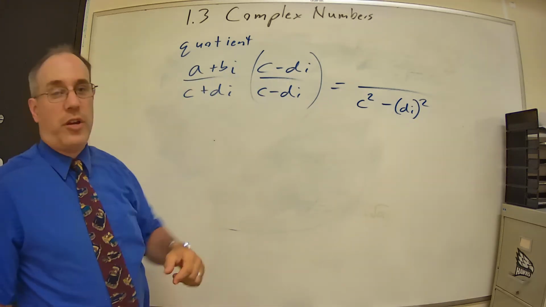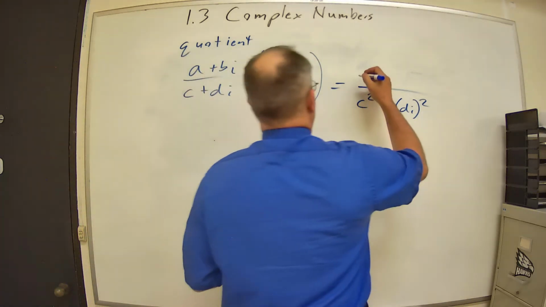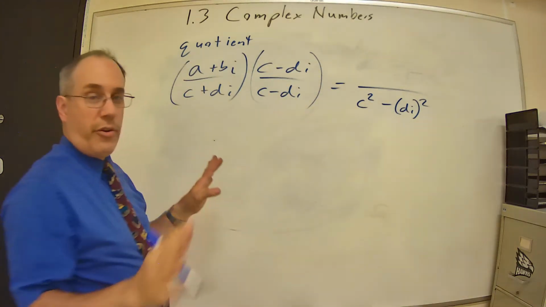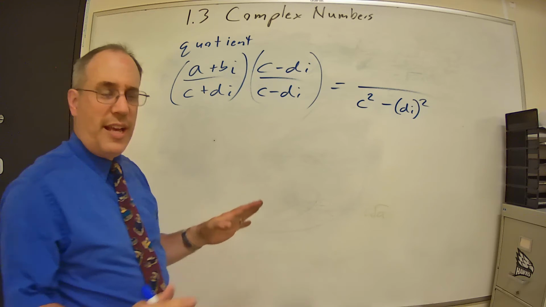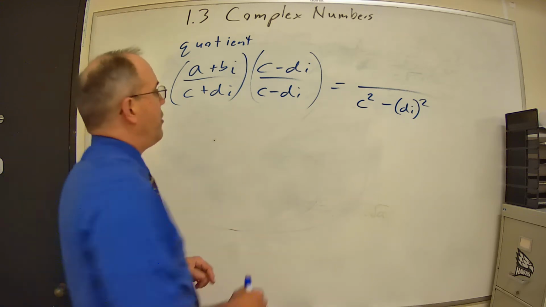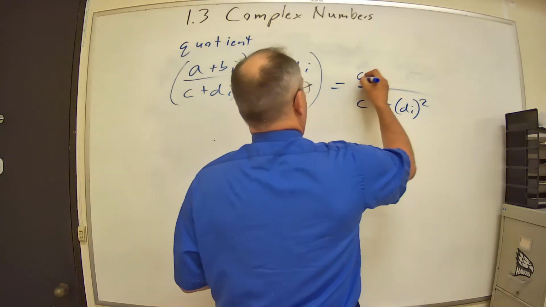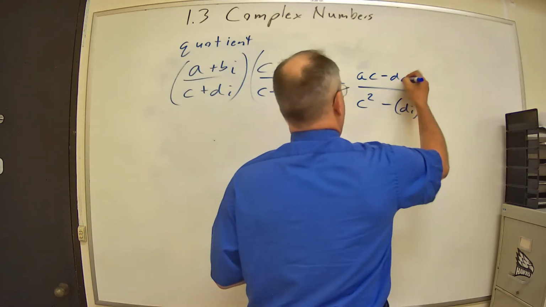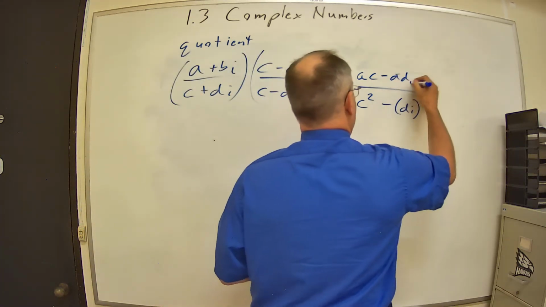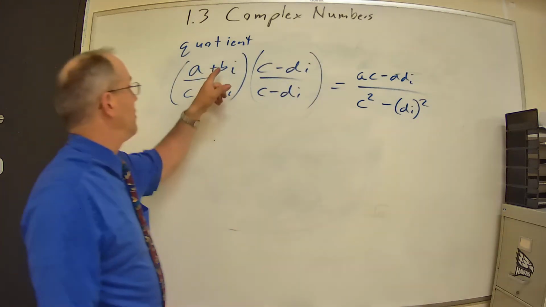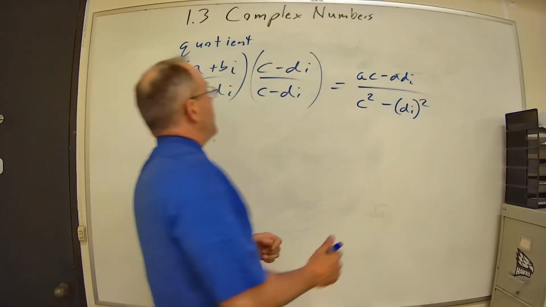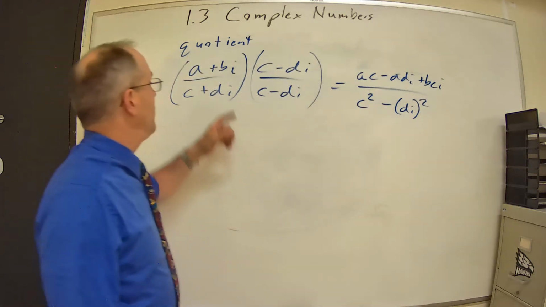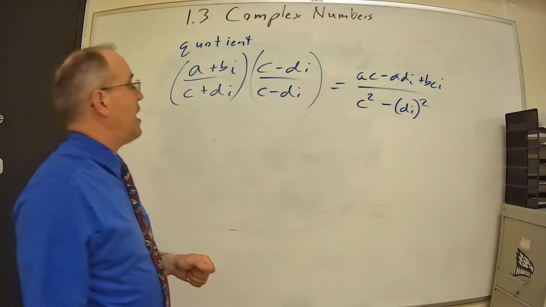On the top, we're going to multiply through, so a times c, a times minus di, so minus adi, plus bci, minus bdi squared.